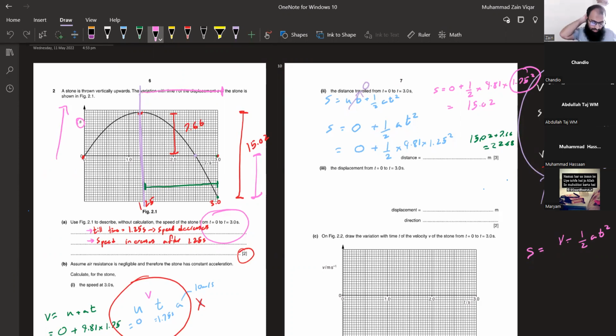The reason we weren't doing it is because we don't know the initial velocity. When we take time equals 3, we have now ignored this part, and our frame includes this part to this part. So our initial velocity is supposed to be the initial velocity over here at a time t1 over here. So now this u couldn't have been 0. So for this, you need to find the initial velocity.